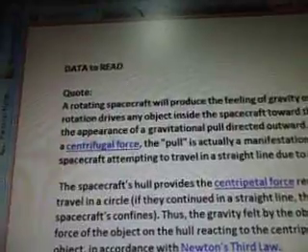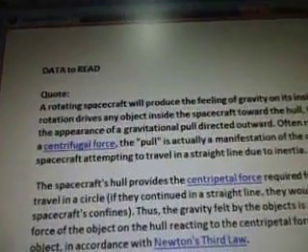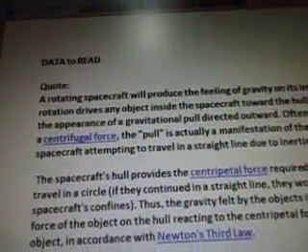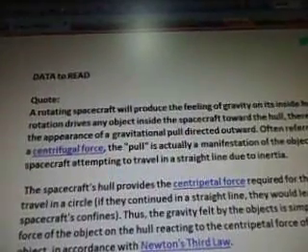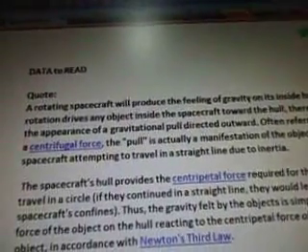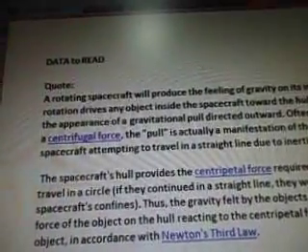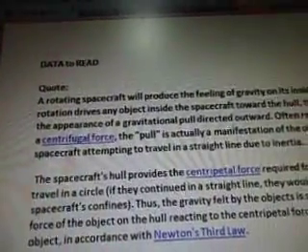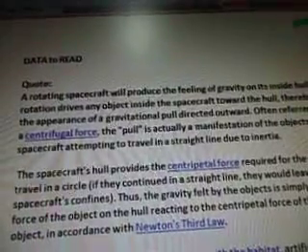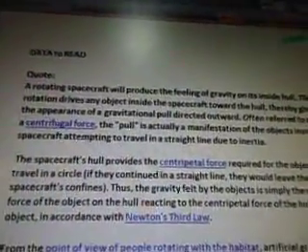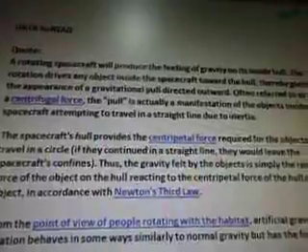The rotation drives any object inside the spacecraft toward the hull, thereby giving the appearance of a gravitational pull directed outward, often referred to as centrifugal force.